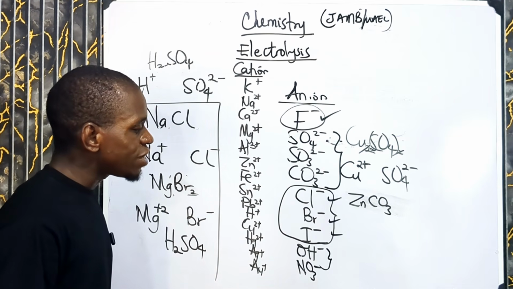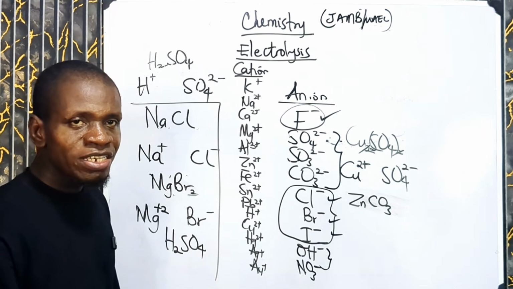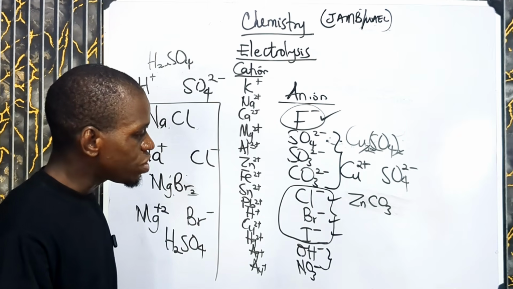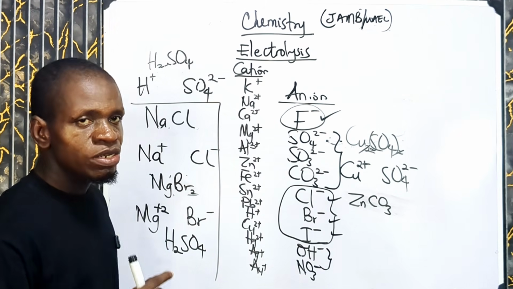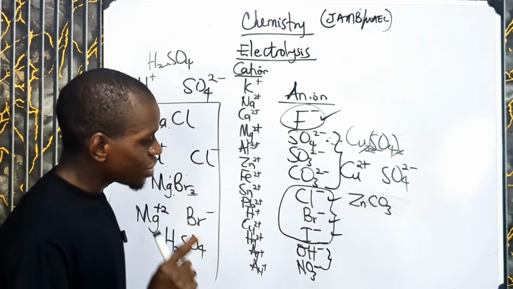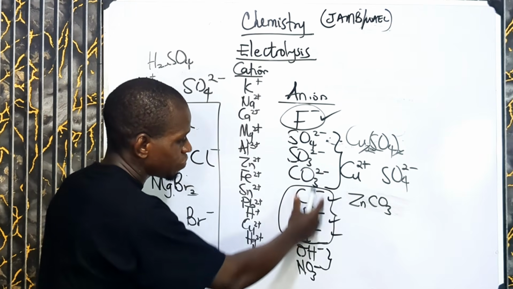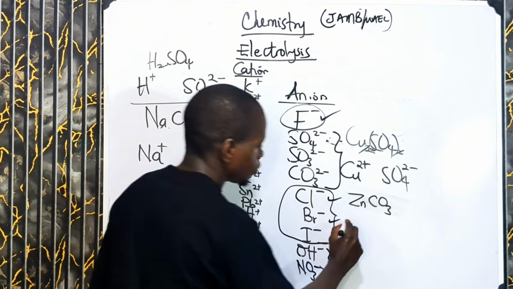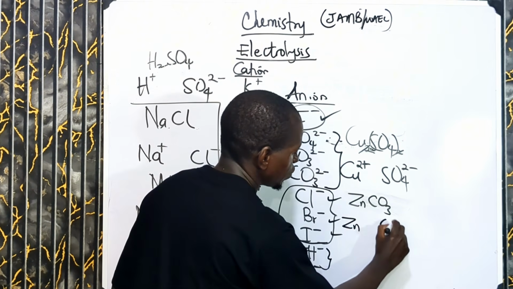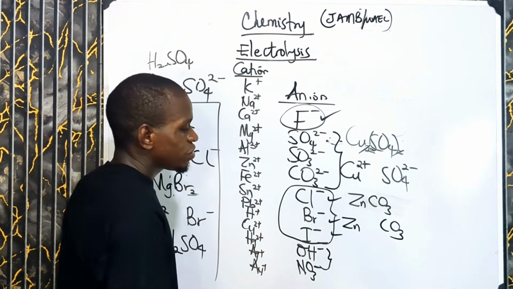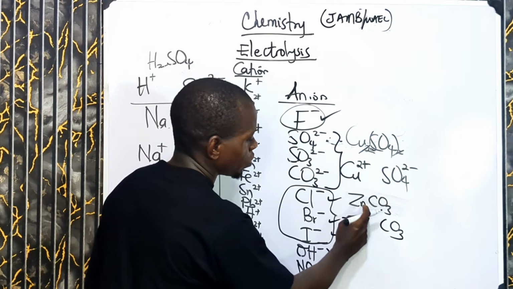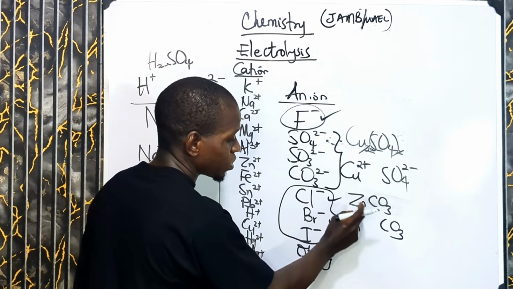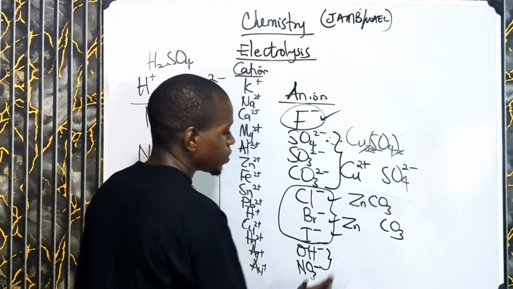And this ZnCO3, I am expected to break it into its ion. What will I do? I told you to study these anions very well. And if you are aware of this anion, you just say Zn, you say CO3. Now, since you are not having a number here, especially for radicals, no bracket, no number.